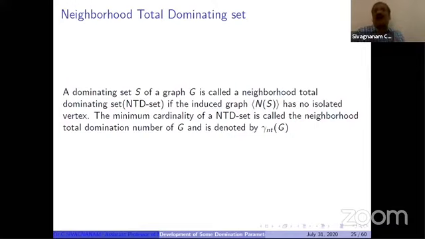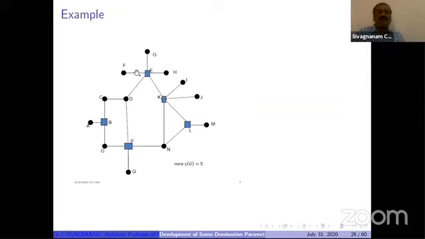So S is a dominating set with induced NS having no isolated vertex. The minimum cardinality of a neighborhood total dominating set is called the neighborhood total domination number, and it is denoted by gamma NT.